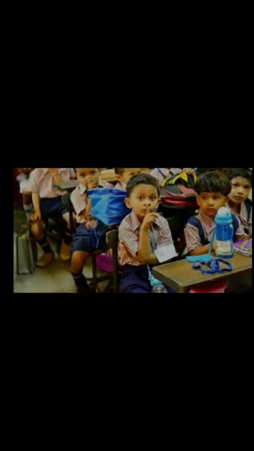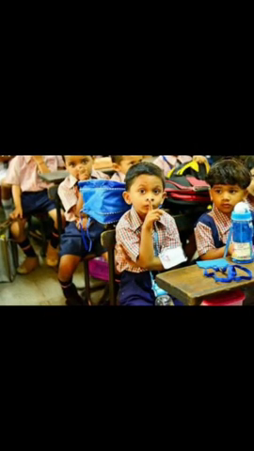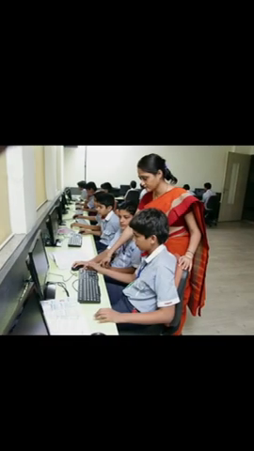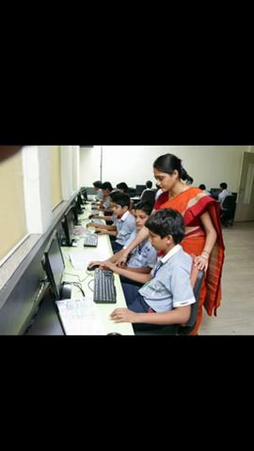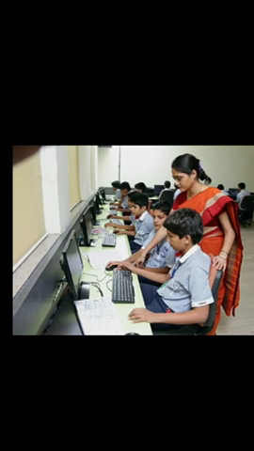That is the good manners of school. Likewise, when we go to the computer lab, we have to follow some rules, some manners. We should behave properly. So students, we all are to follow some do's and don'ts in computer lab.